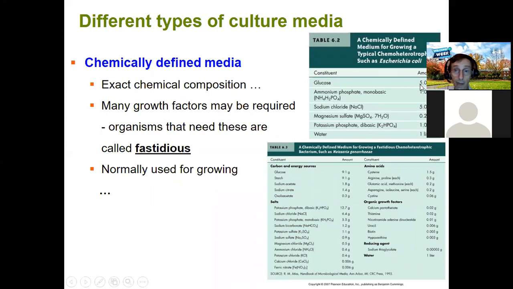It has 5 grams of glucose, 1 gram ammonium phosphate, 5 grams of sodium chloride, 0.2 grams of magnesium sulfate, 1 gram of potassium phosphate, and 1 liter of water. We know all the molecules because we've added everything, although it is true that if the water is not distilled water, it will be adding trace elements.